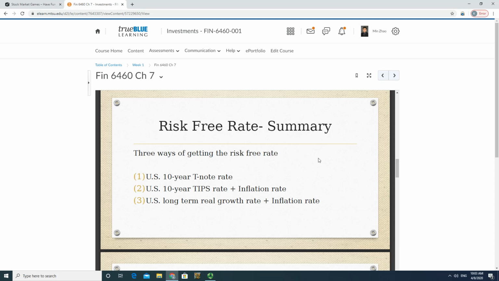So when you talk about this risk-free rate as a professional financial analyst, right now you have three tools to utilize. The 10-year T-note rate, that's your first tool. The second tool is TIPS rates plus inflation rate, and you also have a third tool, long-term growth rates plus inflation rate.